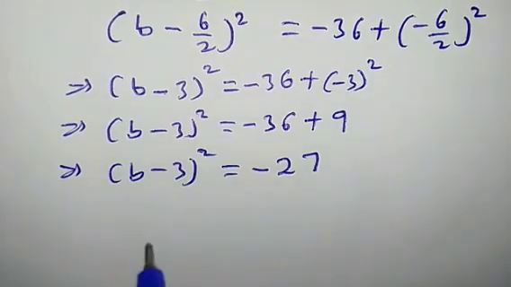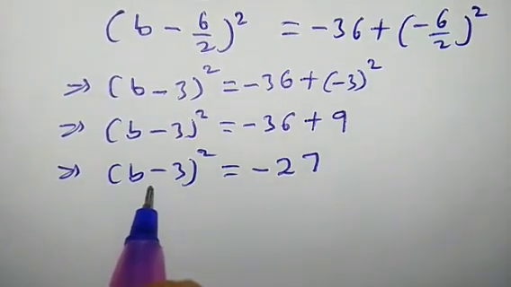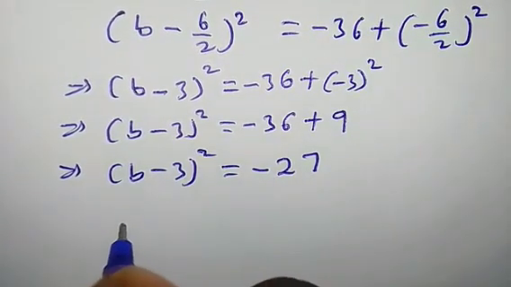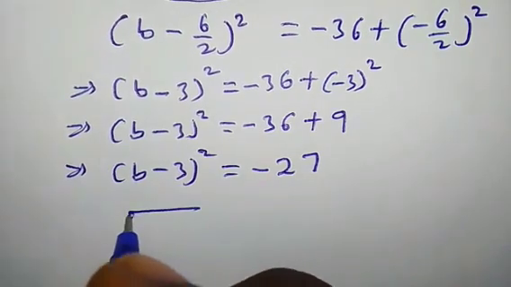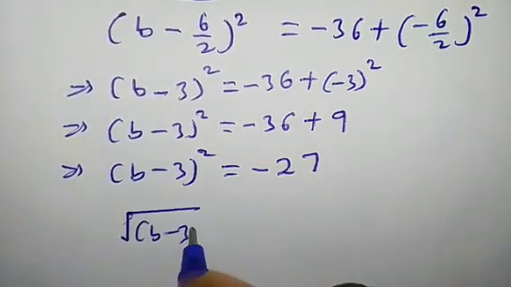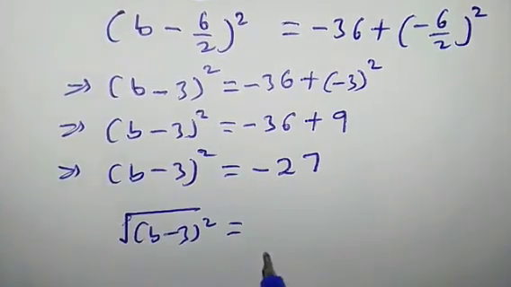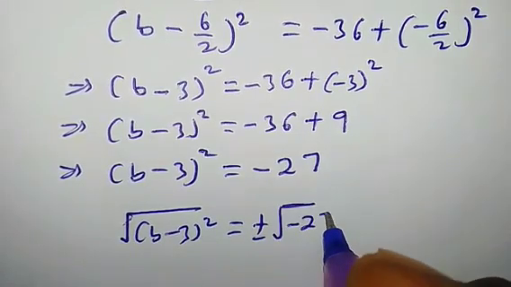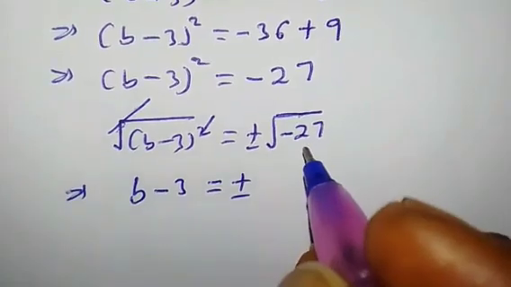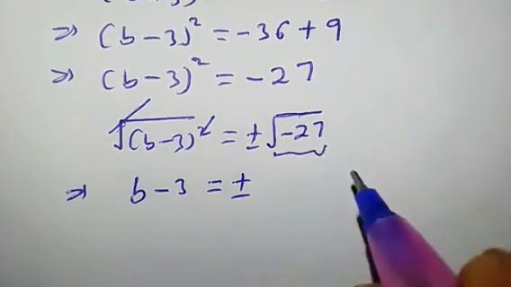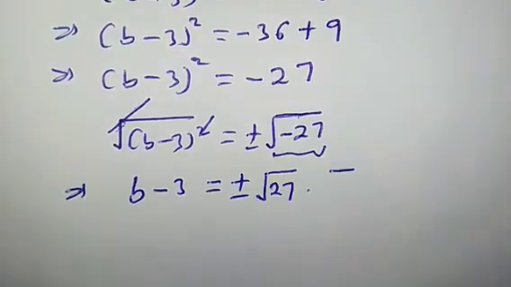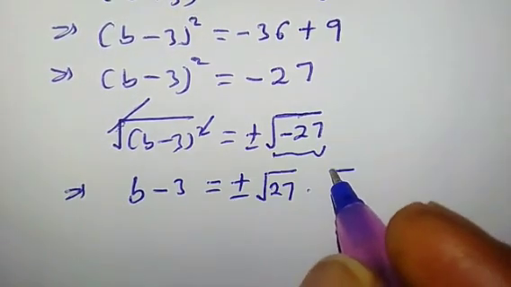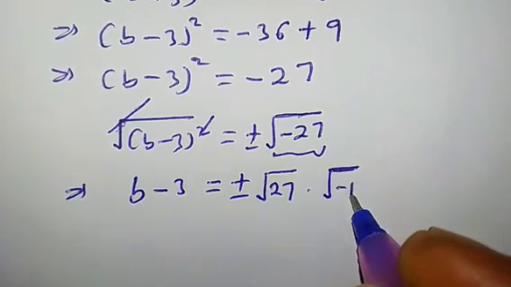Now, let us take the square root of both sides. So that will be the square root of b minus 3 all squared equal to plus or minus the square root of minus 27. We can rewrite the square root of minus 27 as the square root of negative 1 times 27.